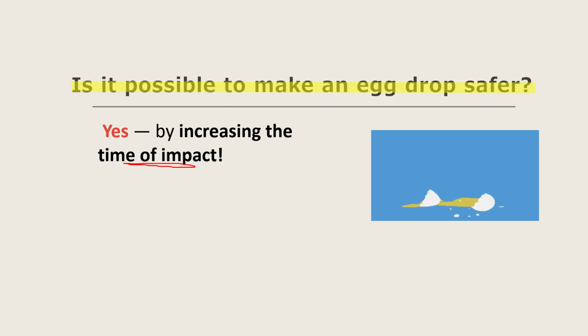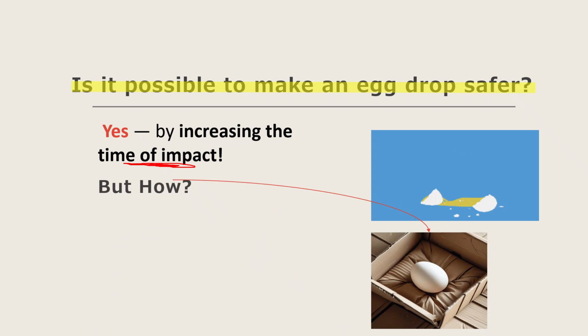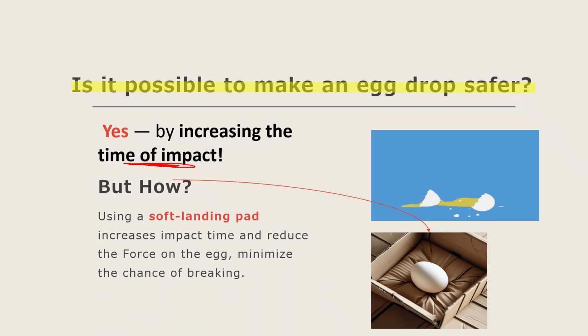If we increase the time of impact, then the force will be less, and hence it is possible. But how can we do it? We can do it by making a soft landing pad, which increases impact time and reduces the force on the egg, and in this way it will minimize the chance of the egg breaking, so the egg will not break.